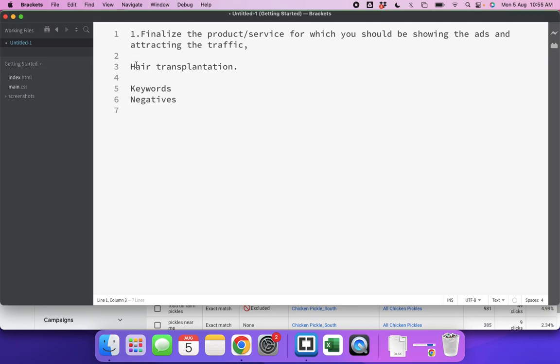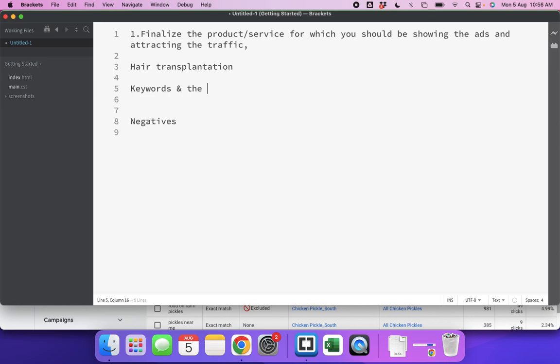In the first step we finalized hair transplantation service, correct? So I'm reading again, finalize the product or service for which you should be showing the ads and attracting the traffic. The service that we have finalized is hair transplantation, correct? Next is keywords.